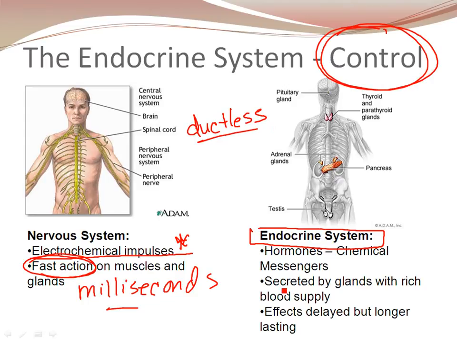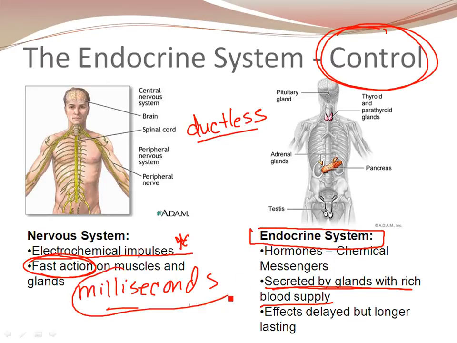These are secreted by glands with a rich blood supply, lots of local capillaries that will take up these hormones. Another key difference between the endocrine system and the nervous system, and my little pen menu down here is covering up the text: it takes longer for responses to be generated, and the effects tend to last longer.